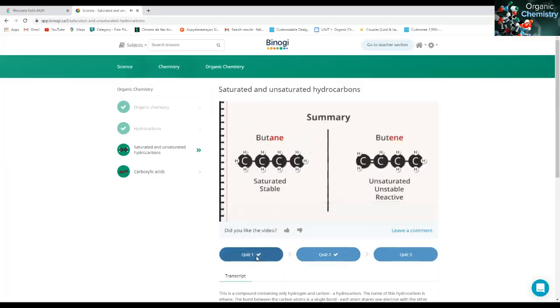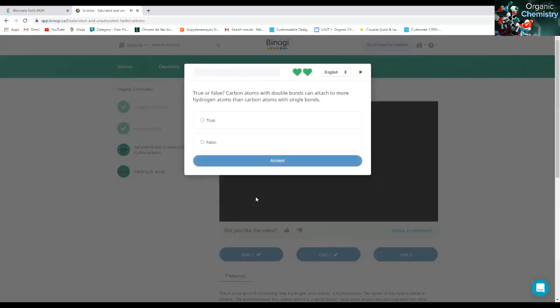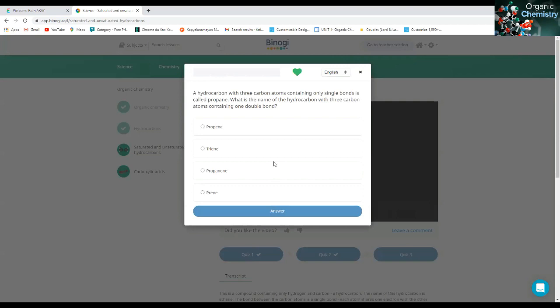This was some exercise. The first quiz: the hydrocarbon with 3 carbon atoms that contains only single bonds is called propane. What is the name of the hydrocarbon with 3 carbon atoms that contains 1 double bond? It is an alkene, propene.